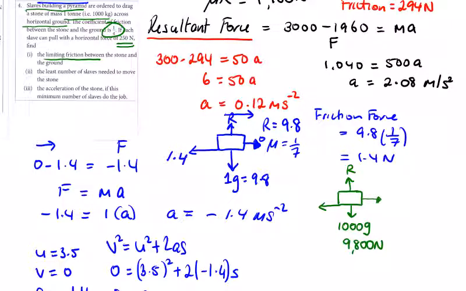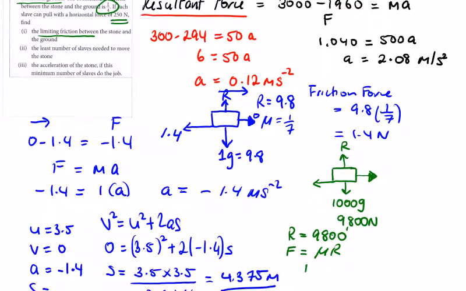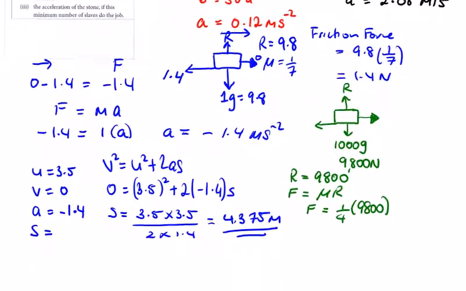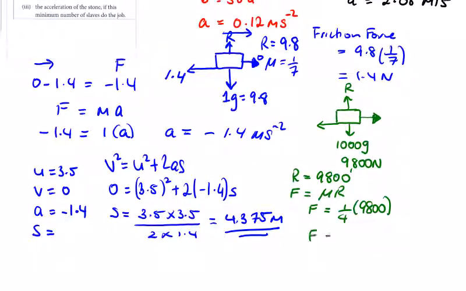So how many of them will be needed? Let's have a look here. So we can say that R is equal to 9,800. F is equal to mu R. So this F is going to be 1/4 of 9,800, which is 50 less than 2,500. So 2,450 newtons is this limiting friction.